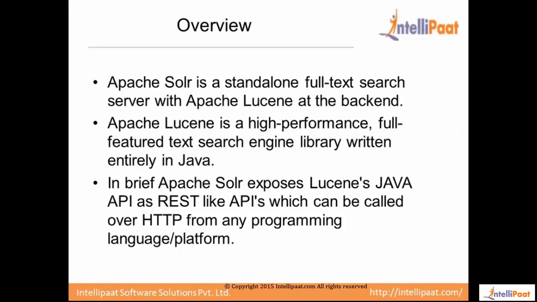Now why is there so much hype over Solr? Lucene is a high performance, full featured text search engine library. What does it mean? There are certain fancy terms like high performance, full featured text search engine. When I say text search engine, because whenever you look for something, you look for a text, a character, an array of characters, a string technically.